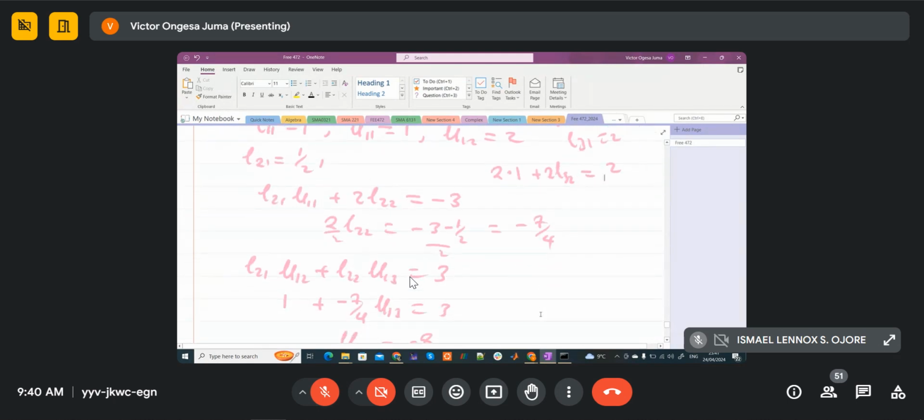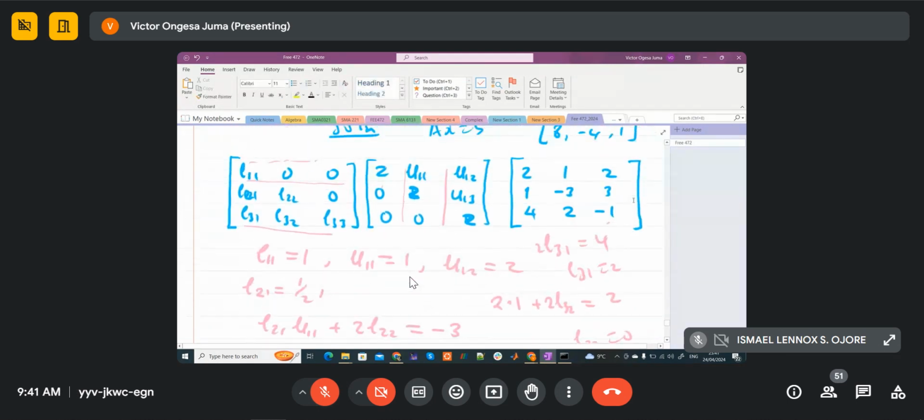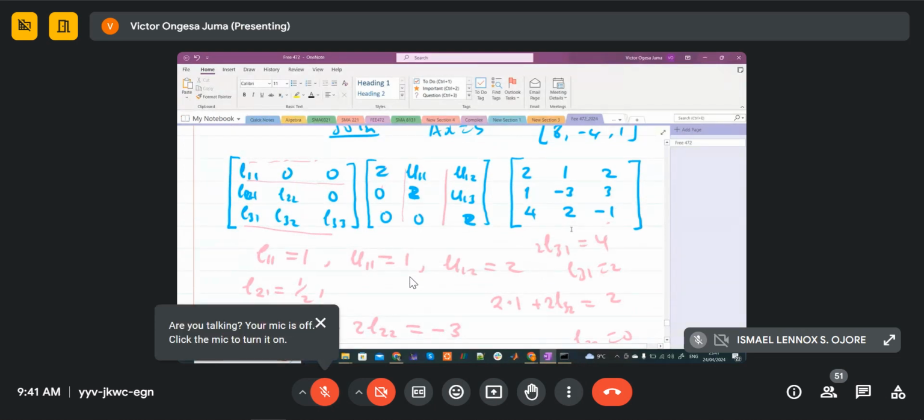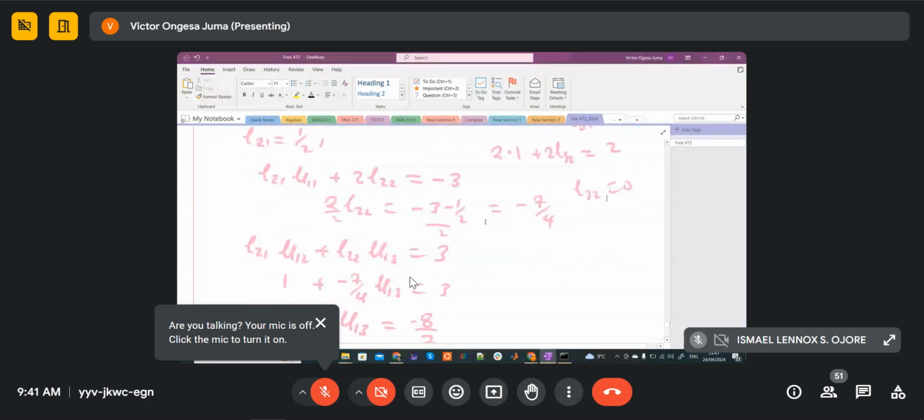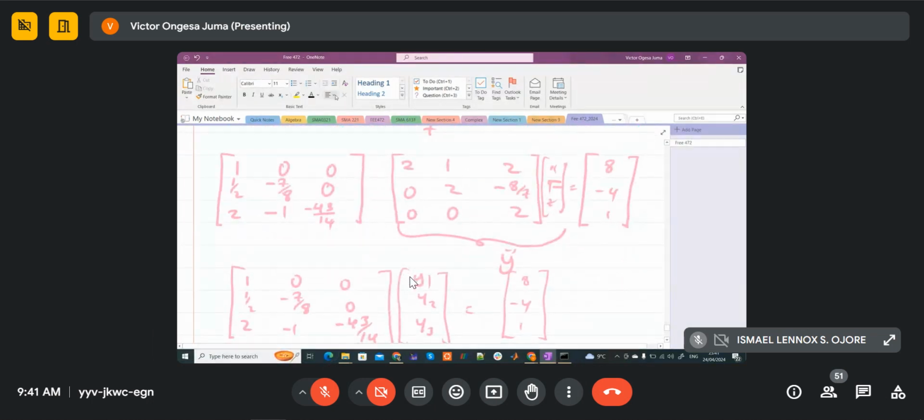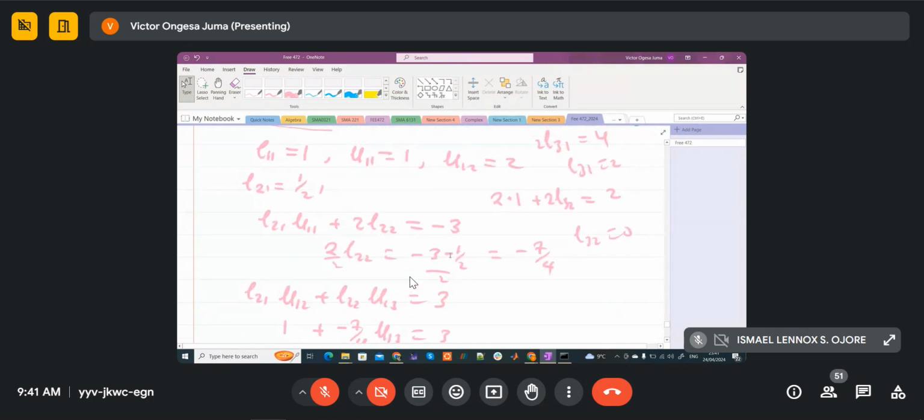Meaning L32 is the same as 0, right? Is it so? Yes. So this is the first mistake. So just go back and check that this value is 0. And if this is 0, what is the next one?